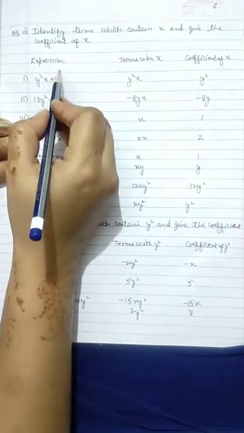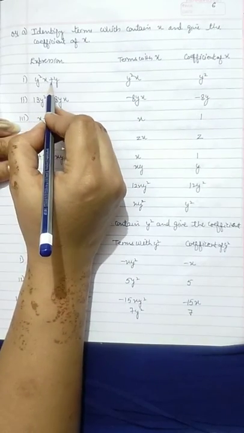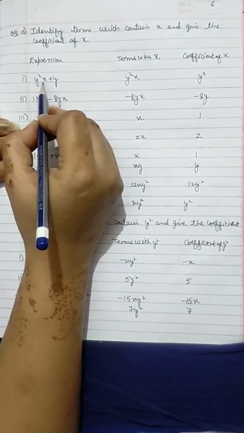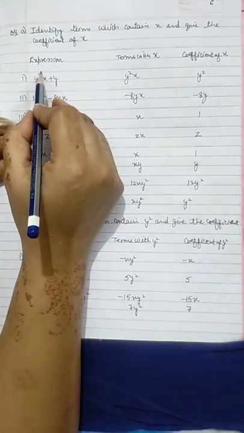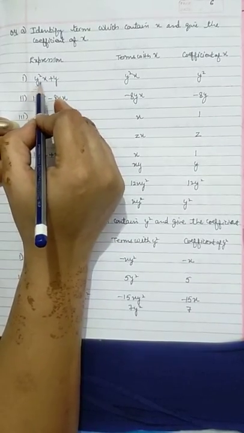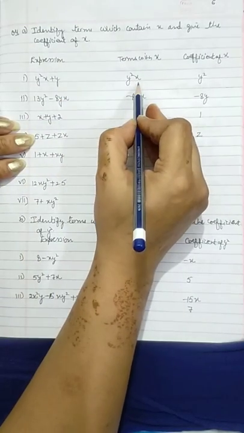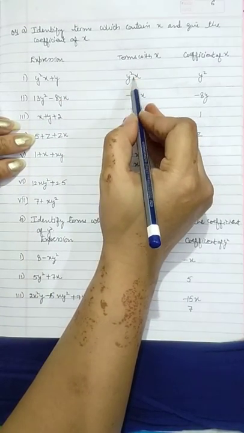In this expression we are having y square x plus y. In this term we are having x and the other one is without x, so I will consider only the term y square x. The coefficient of x is y square.